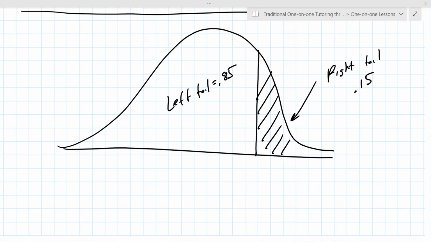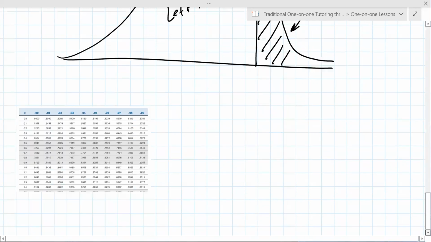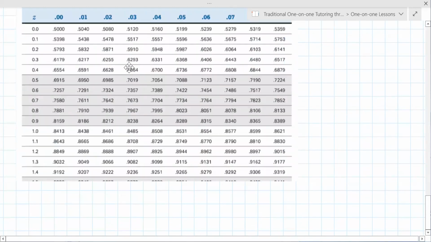Okay, so let me see if I can snip this one. You're looking at the interior of the table, not the top and the bottom.